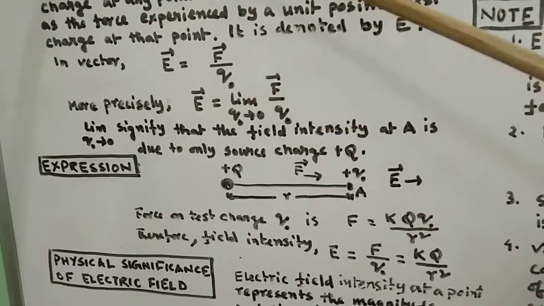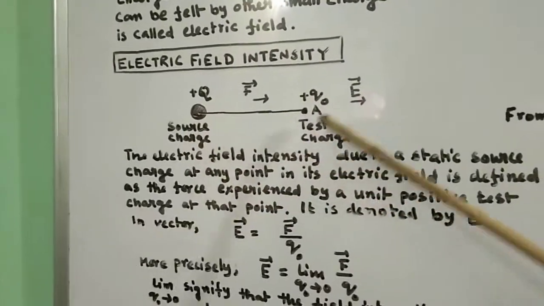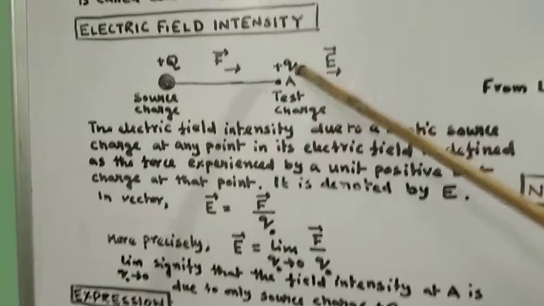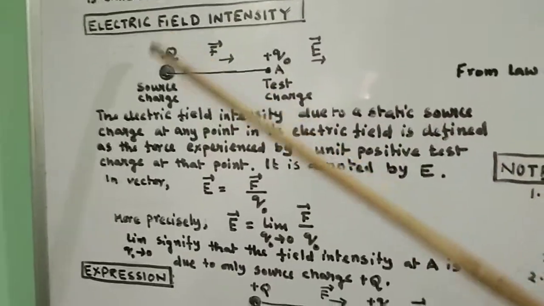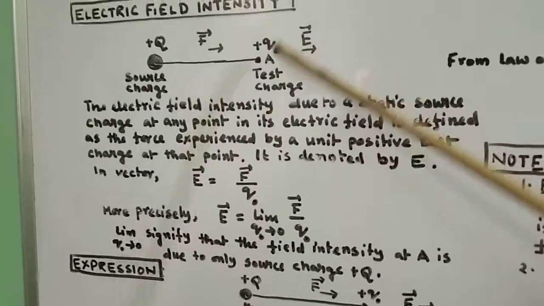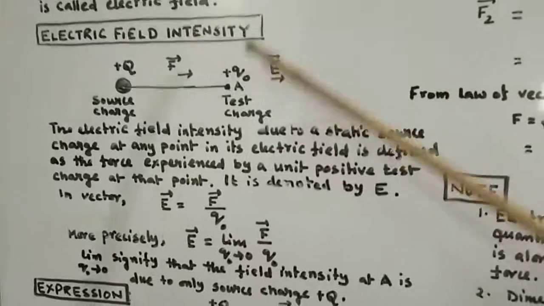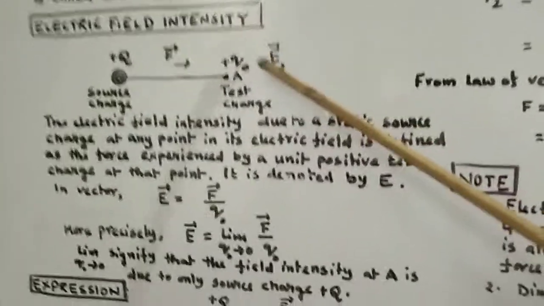Because if we consider a source charge, definitely a field will be created surrounding that source charge. If we consider any other charge within that field, then definitely some field will also be there due to this test charge. But we are supposed to find the field intensity due to the source charge. So how can we eliminate the field created by the test charge? By considering the test charge to be very small, so that we can neglect the field created by the test charge.